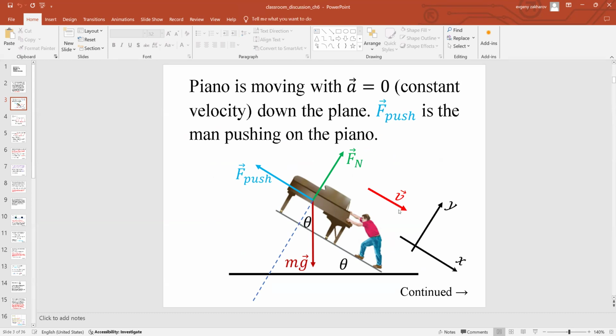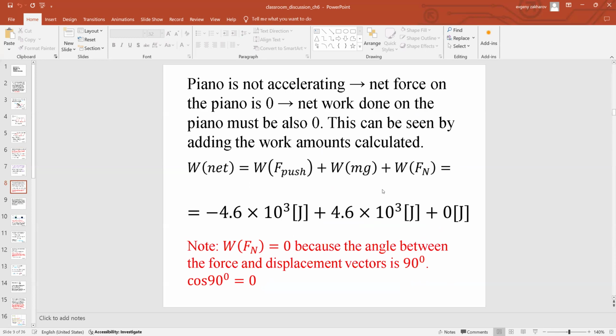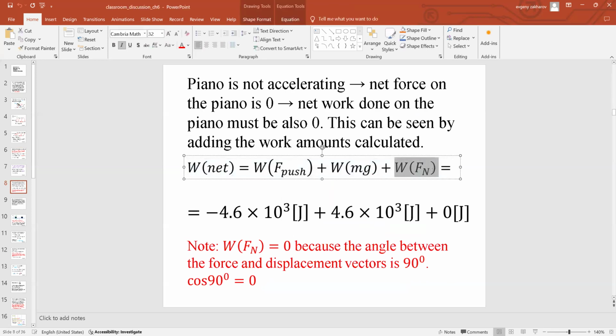Cosine of 90 is 0. So what is the work done by normal force? It's 0, which is exactly what I'm talking about here. Work done by normal force is 0 because of the 90 degrees angle between the normal force and displacement. And overall net work turns out to be 0.